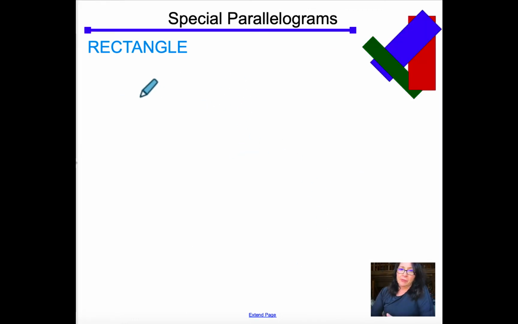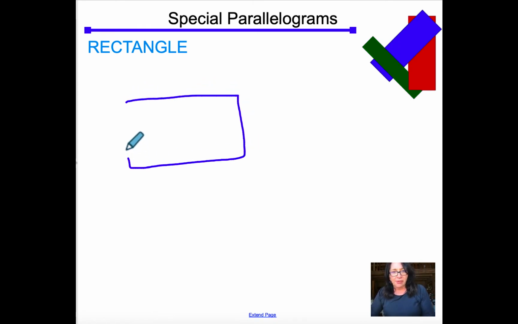Special parallelograms, starting with rectangles. Important characteristics: number one, of course, both pairs of opposite sides are congruent, and opposite angles are congruent. A rectangle has all of the characteristics that a parallelogram has already. But in addition to that, it does have 4 right angles.